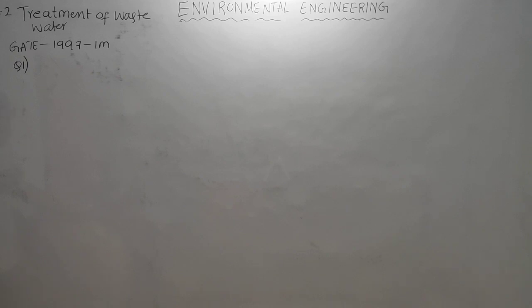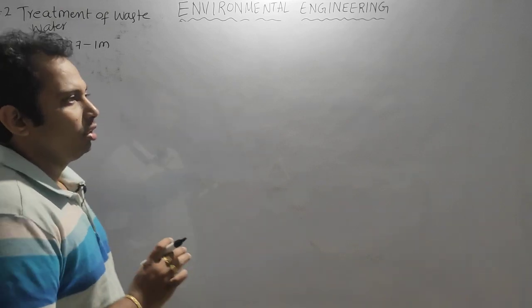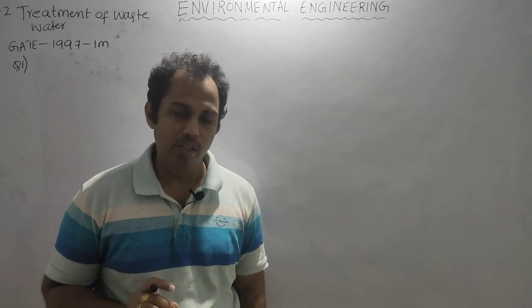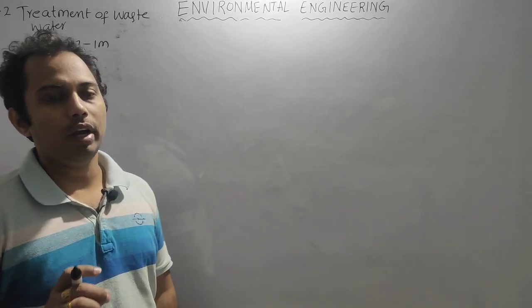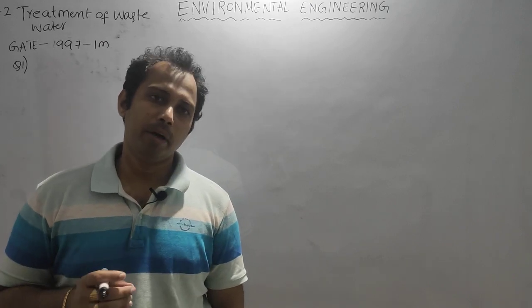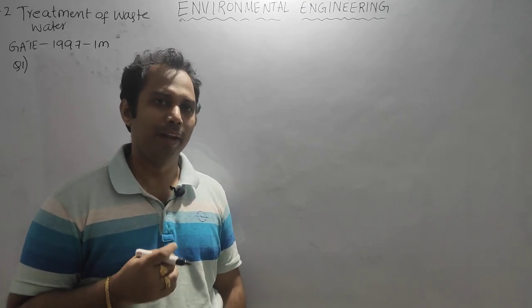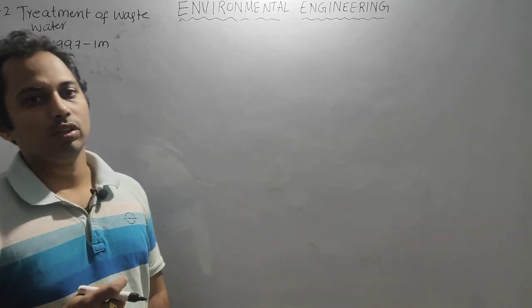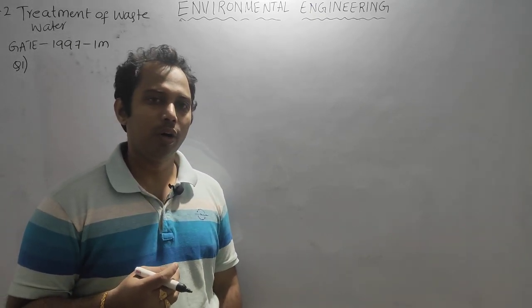Okay, so he is saying that aerated lagoons are used for secondary treatment. Then which schematic diagram resembles the aerated lagoon process? I have already told you in the previous lecture that lagoons are where we dump all the wastewater. Whatever sludge we dump into the lagoons, it may be anaerobic or aerobic, it will treat on its own.